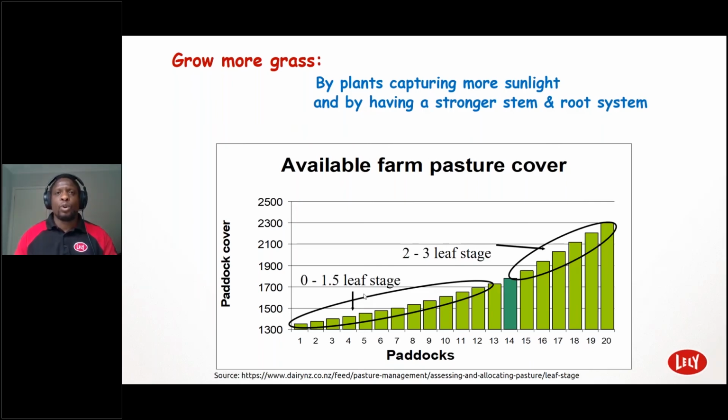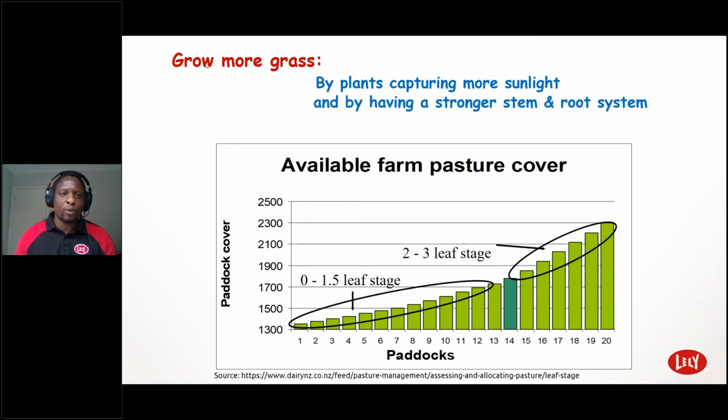And also, the root system becomes shallow with consistent back grazing. But remember, you need a good root system to feed your leaves.